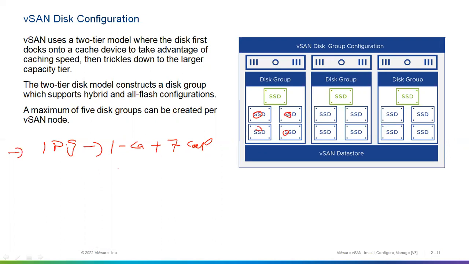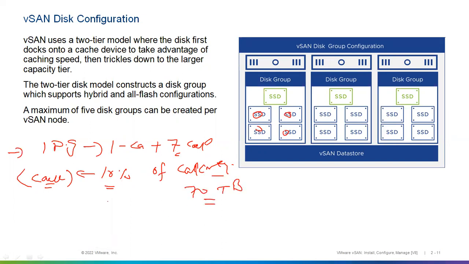So what should we take? At least 10%. My cache should not always be equal in size. Cache would be 10% of your total capacity. For example, if you are taking 7 disks, each 10 TB, then it becomes 70 TB.